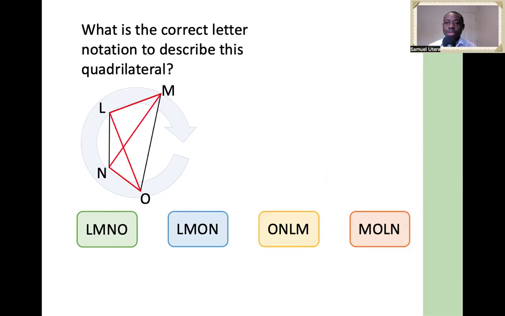You would see that it does not clearly describe the perimeter of the quadrilateral that we're trying to describe. But look at this one, L, M, O, and then N. And then you can see that we can completely connect the last letter with the letter we started with. So that describes the quadrilateral.